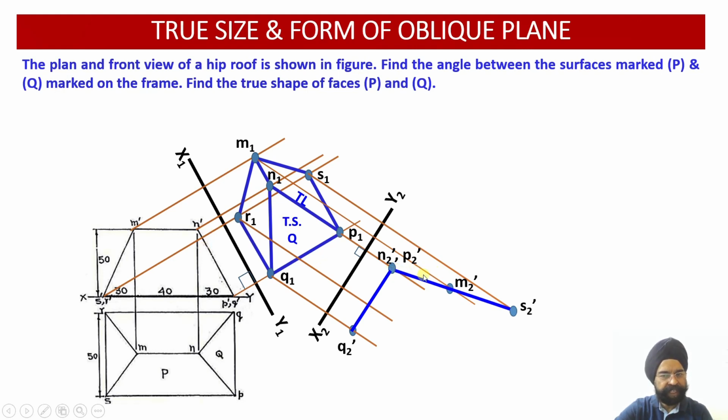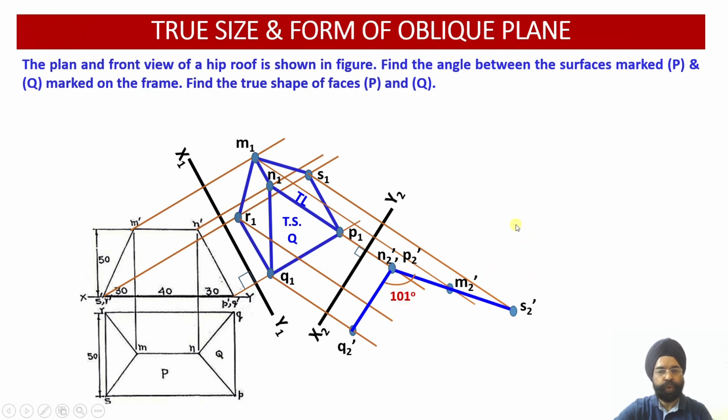Now having obtained the edge view of MNPS over here, I can work out the angle between surface P and surface Q. So the angle between surface P and Q has been evaluated to be 101 degrees.